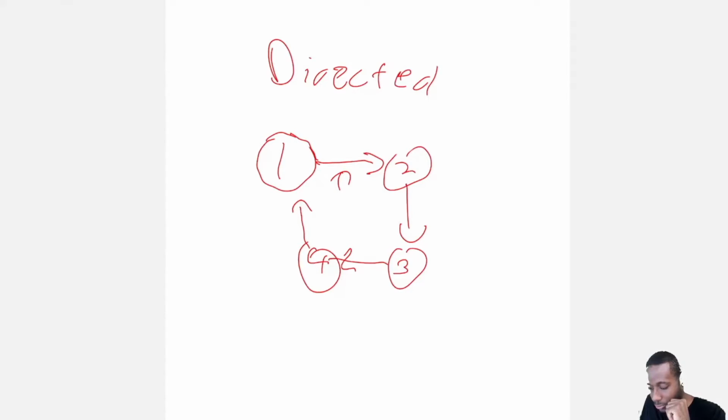For 2 to get to 1, it will have to go all the way around: from 2 to 3, from 3 to 4, and from 4 to 1. That's the difference with the undirected graph.